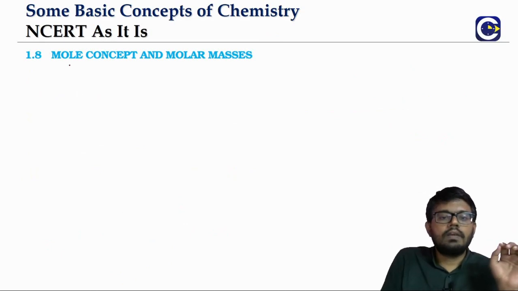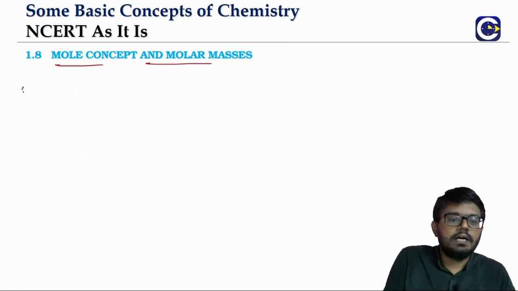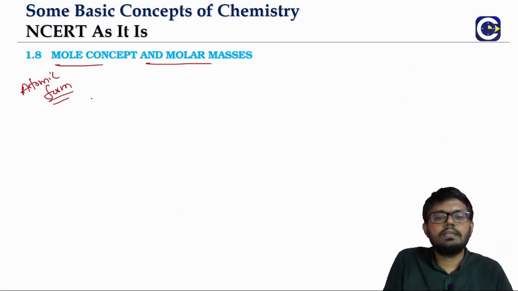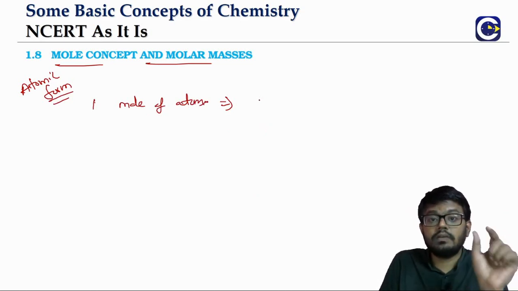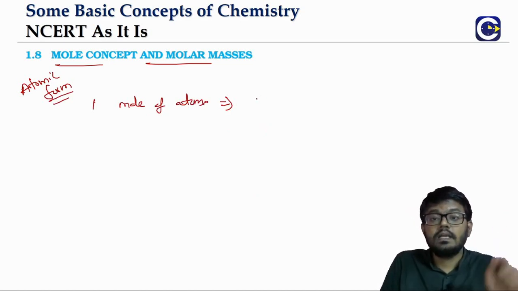Now, when we look at particularly the atomic form, what we are saying is, if you talk about 1 mole of atoms, the mass, as we discussed, will have exactly the same numerical value as the atomic mass, but the unit will be in grams.